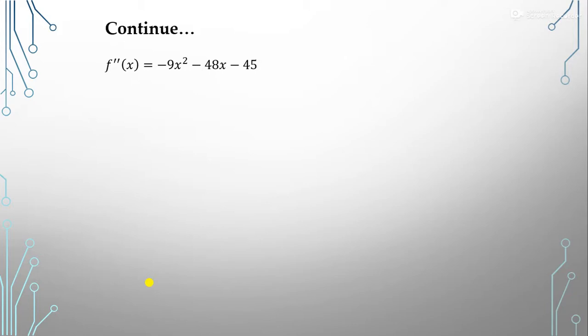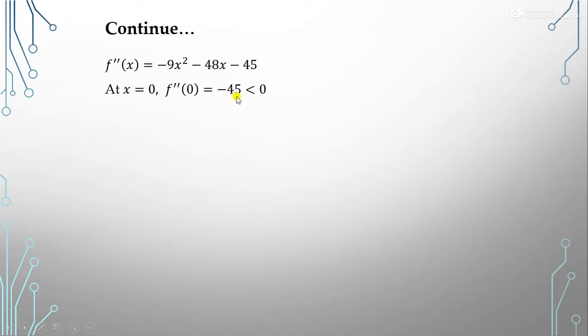Now you have to find the second derivative of the function, that is -9x² - 48x - 45. Your maxima and minima depend on the second derivative. We have three values of x, so first at x = 0 we put it in f''.